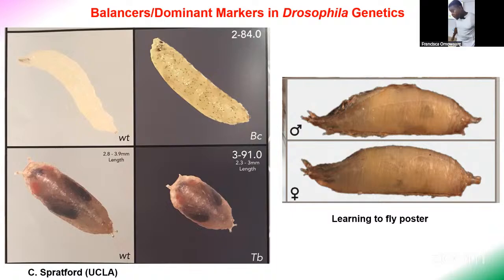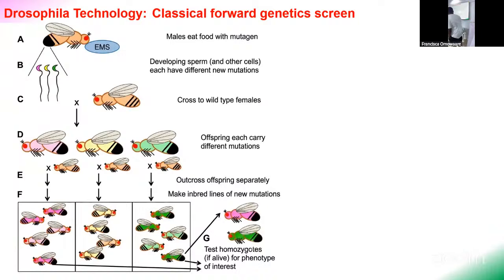Right, so some of the technology in flies. One thing that flies are really good for is called classical forward genetic screening. So what people did in those days, and I'm sure Ross did this as well, is feed EMS, which is, by the way, a carcinogen, just so you know, to flies, trying to isolate various mutants from them.